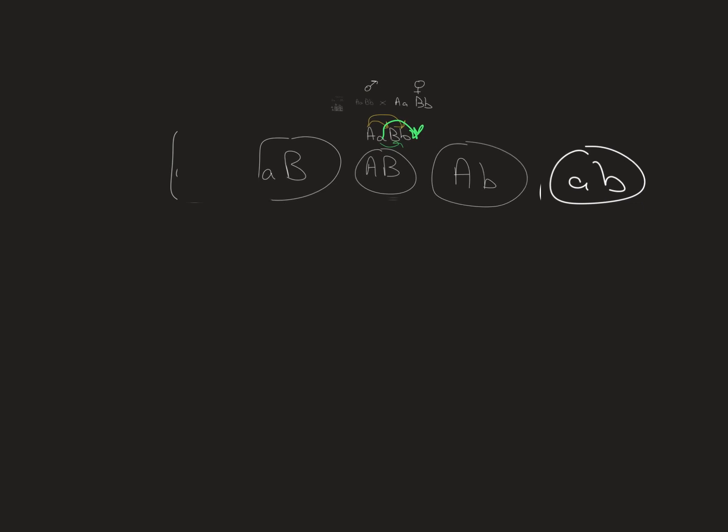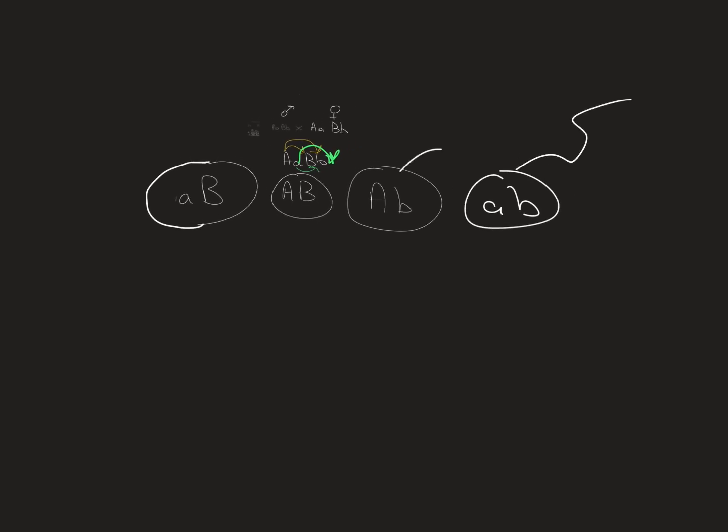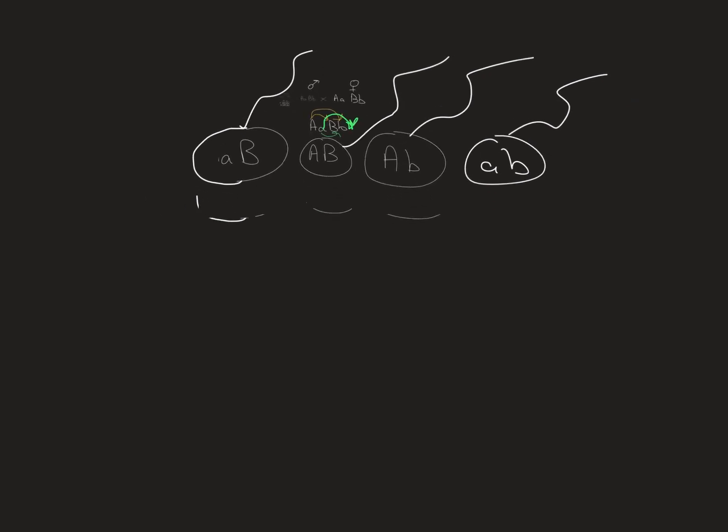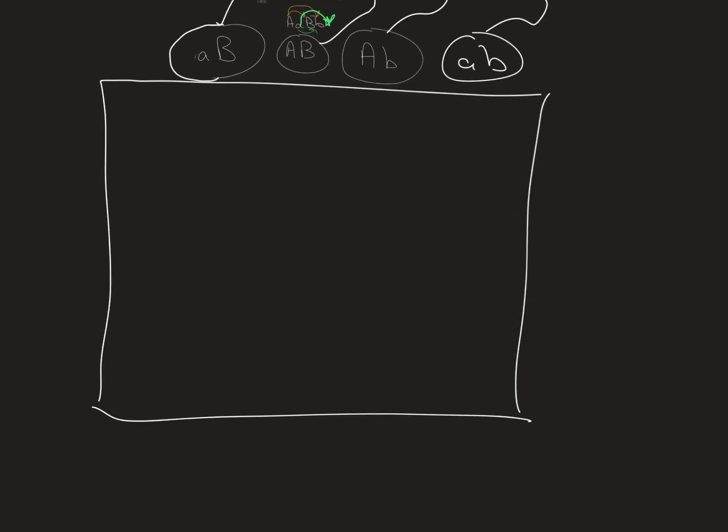Correct? Because mom has the same genotype, so there are the same possible eggs as the sperm that the father can make. So it's the same possible combinations. These would be sperm. Now they're going to make eggs. This male is going to mate with a female.